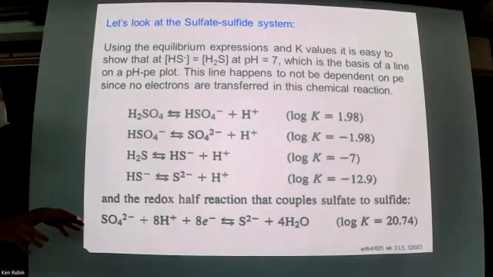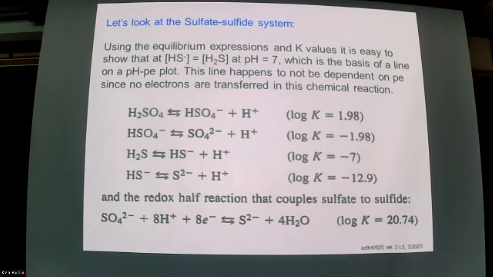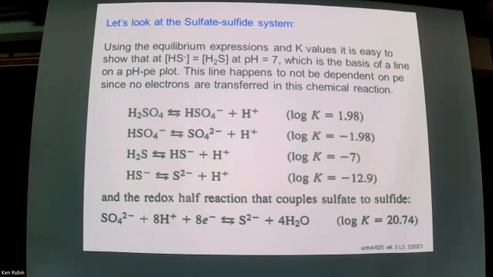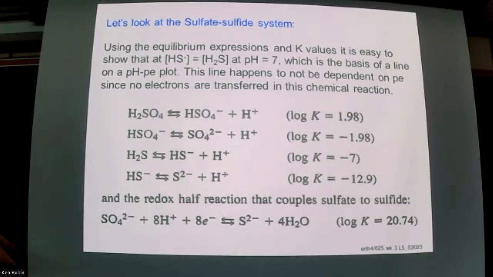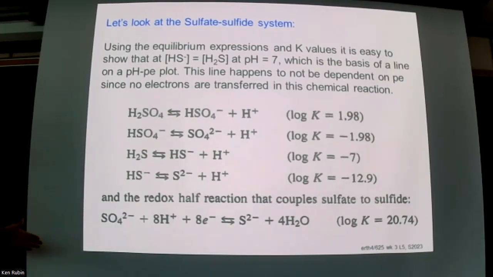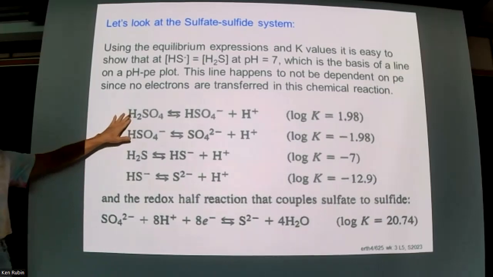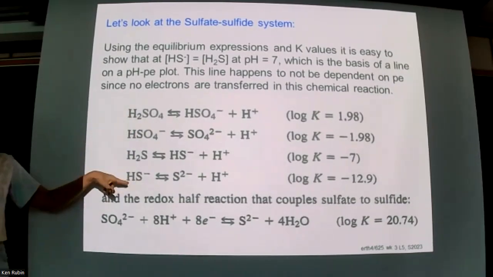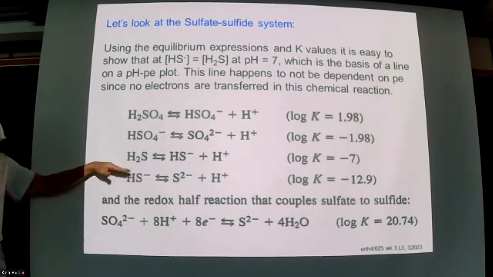So let's look at all the chemical reactions that we can think of, inorganic ones, for the two most common forms of sulfur that we find in the hydrosphere, which are oxidized sulfur in the sulfate form and reduced sulfur in the sulfide form. So there are basically two sets of reactions here.